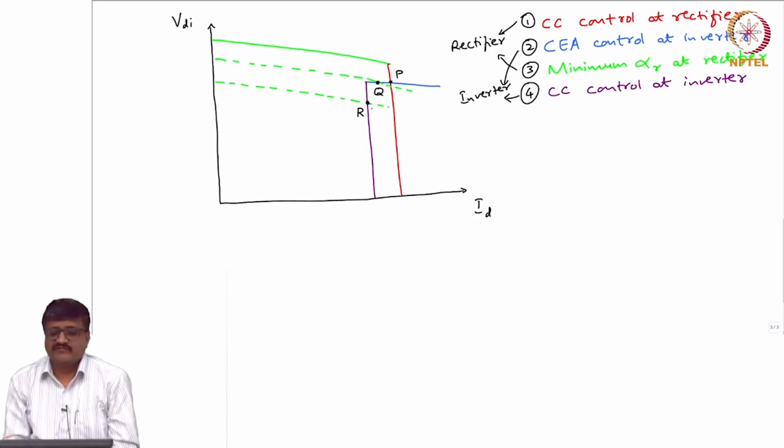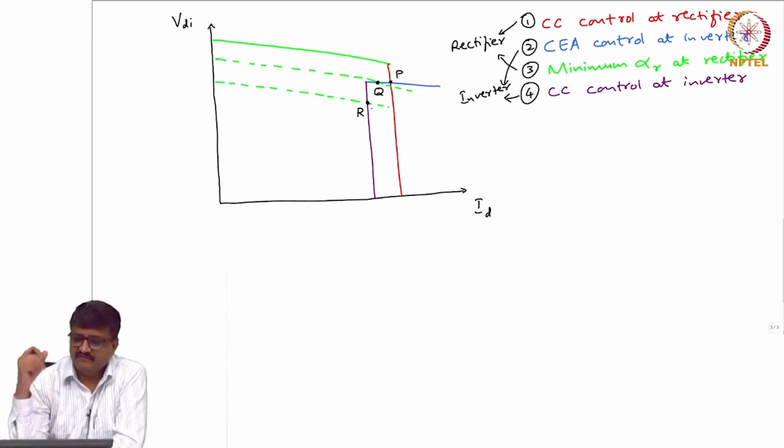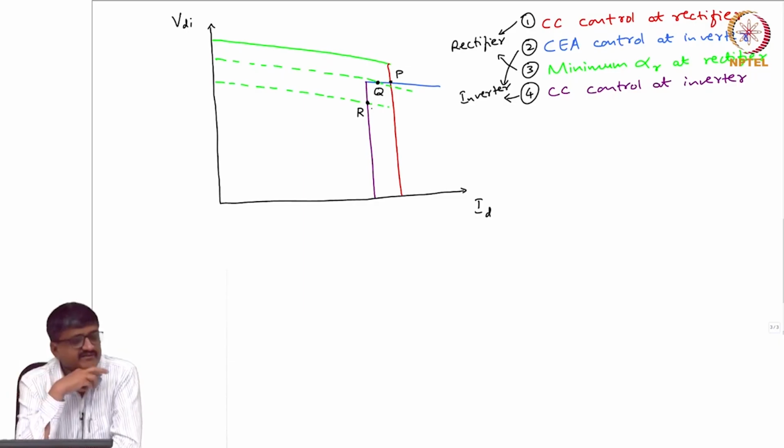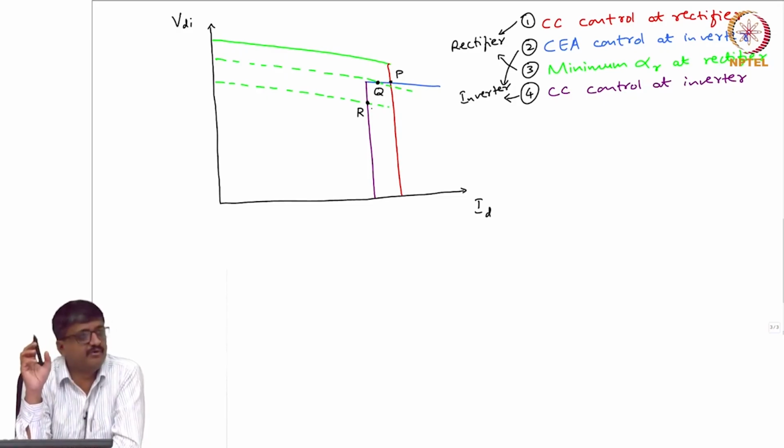So if you look at the point of operation, originally it was the CC characteristic of the rectifier and the CEA characteristic of the inverter, that is normal operation. Of course, due to some reason the voltage on the rectifier side comes down, then it is no longer the CC characteristic of the rectifier coming into the picture. If you look at the revised green and blue intersection, CC is not playing a role here.